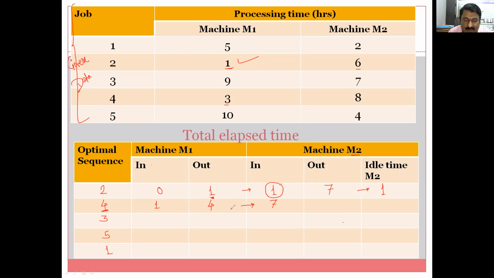It will come here. Okay, already 7 hours are there. So after 7 hours the job can be loaded. The job is ready after 4 hours, but the machine is not available. After 7 hours the job will be loaded, and here you can see what is the time for that particular case. 8 hours.